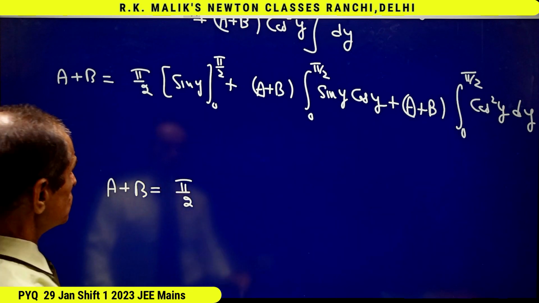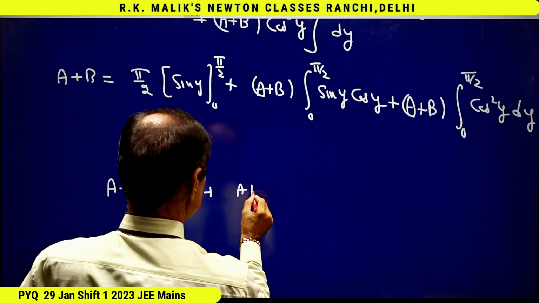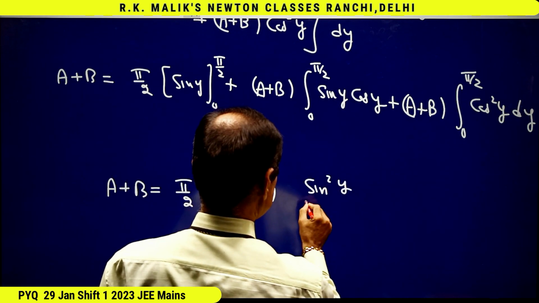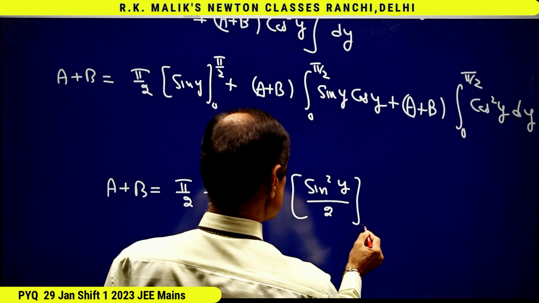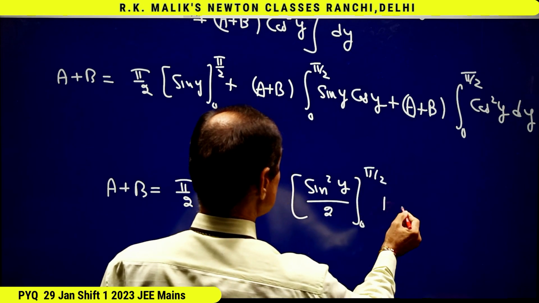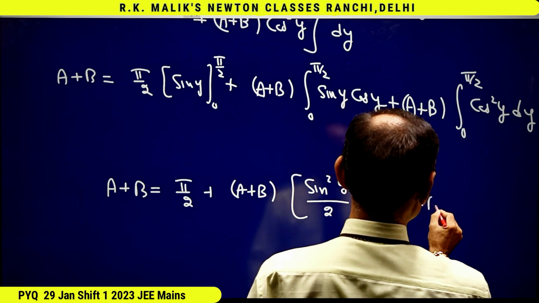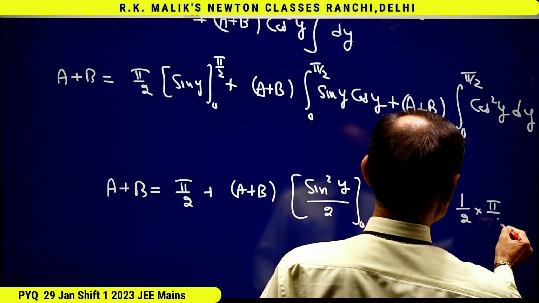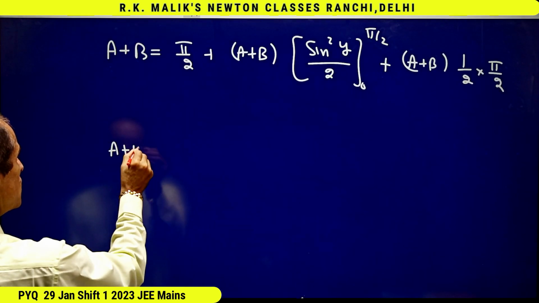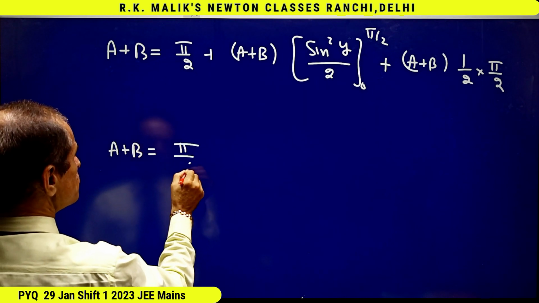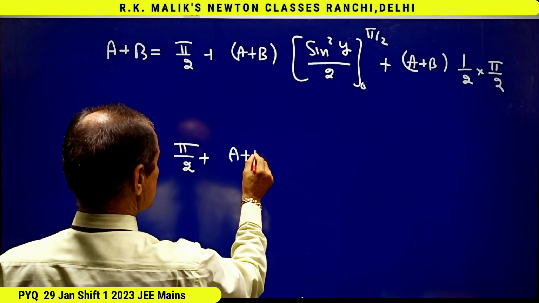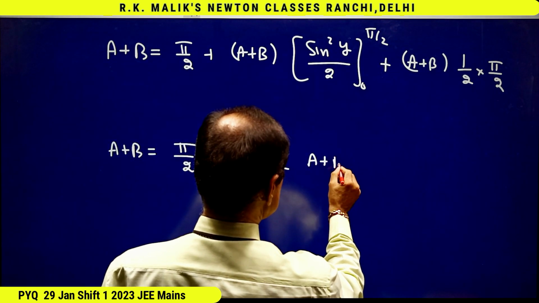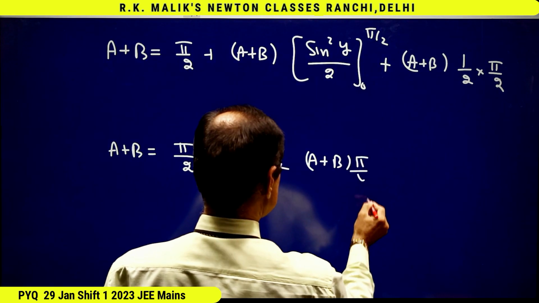Hence, I get a plus b is equal to pi by 2 plus a plus b into sin square y by 2, 0 to pi by 2, plus a plus b into 1 by 2 into pi by 2. This means a plus b is equal to pi by 2 plus a plus b by 2 plus a plus b into pi by 4.